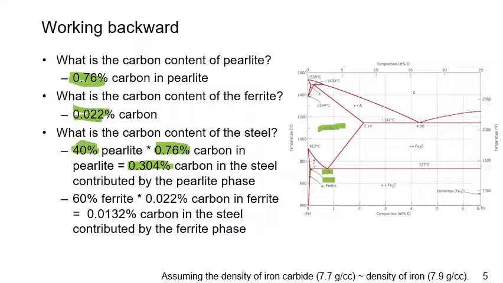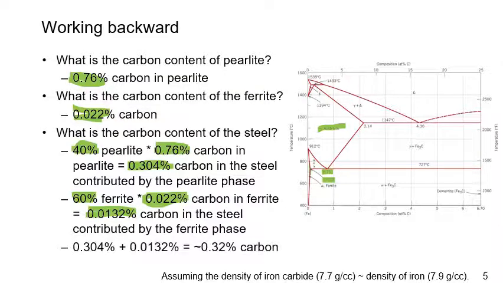So how much is contributed by the ferrite phase? Well, 60% of the microstructure is ferrite, and I know that the carbon content of that ferrite is 0.022, so I multiply those two, and I get that 0.01% of the carbon in the steel is contributed by the ferrite phase.